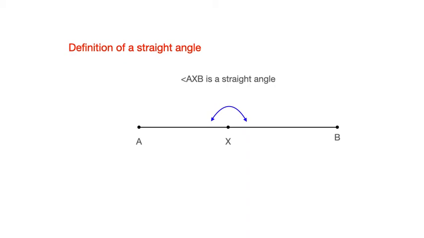Here's an important one. This is the definition of a straight angle. So angle AXB is a straight angle. We can even assign a number to a straight angle, and the convention is to say that a straight angle equals 180 degrees.